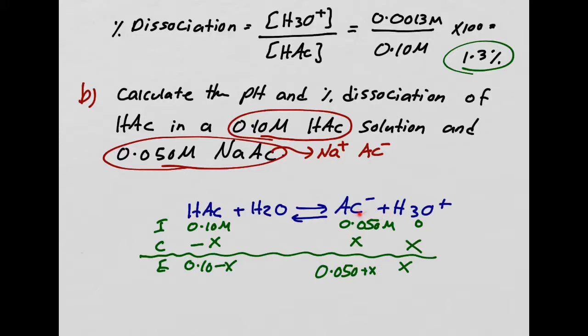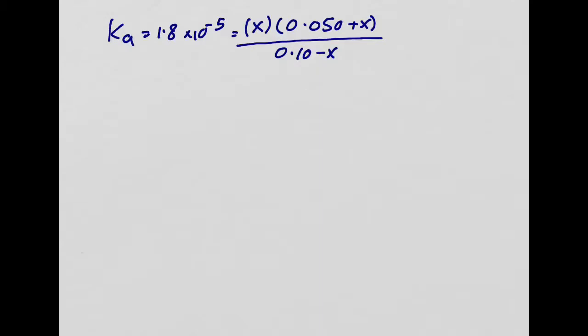So far so good because I have this initially. So this is my equilibrium, product over reactant. And I have this one too because in this solution, I also have sodium acetate. So I have some of the acetate in the solution from the beginning. Okay, so when I do this, now you can definitely assume again that this X is 0.